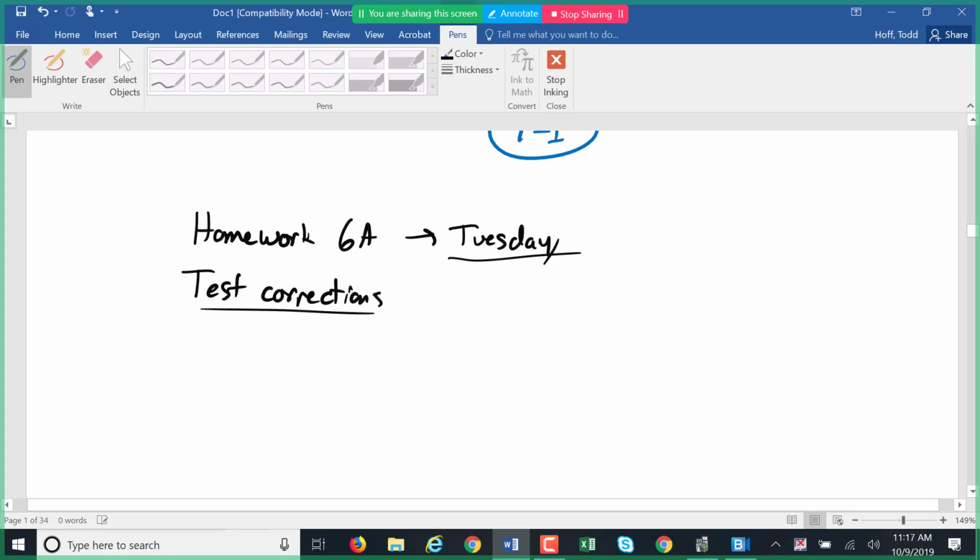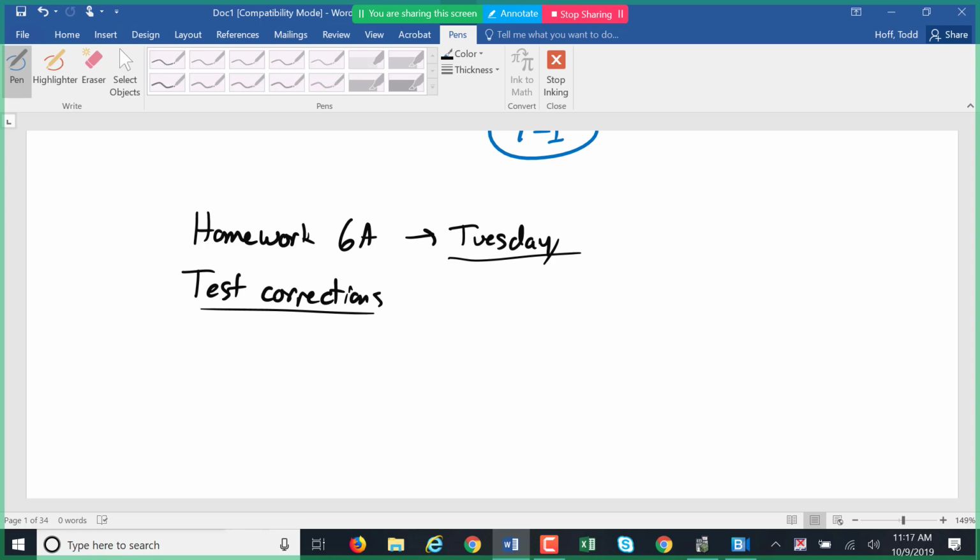Any of the problems you have wrong, redo them, showing all your work, probably on another sheet of paper, scan them and send them to me. For those of you that weren't here at the very beginning, there were 2 questions on the test that I decided weren't fair. I'm not going to tell you what they are because some of you had them correct and I'm not going to take those points away from you.